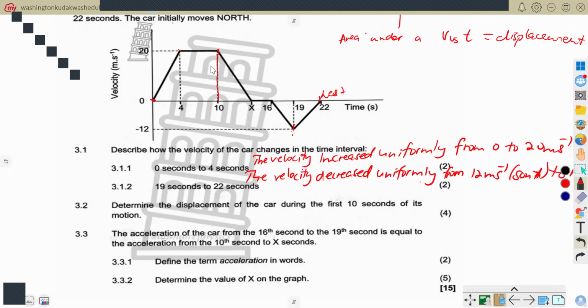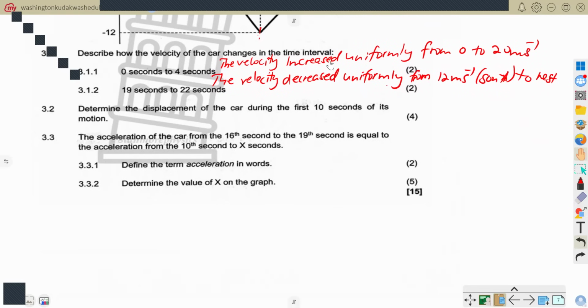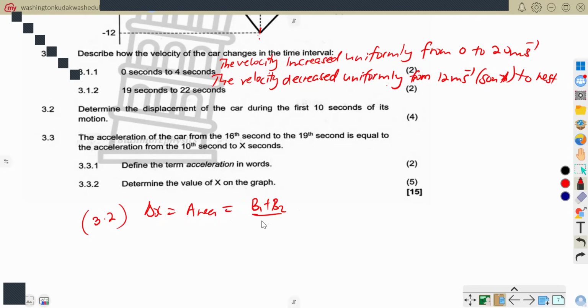You can see that this shape is actually a trapezium, so you can calculate the area of a trapezium. Option A is to calculate the total area of the trapezium. For 3.2, your displacement would be equal to the area, which is base 1 plus base 2, all over 2, times the height.